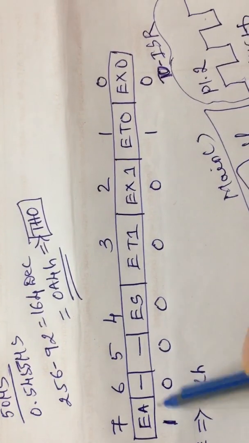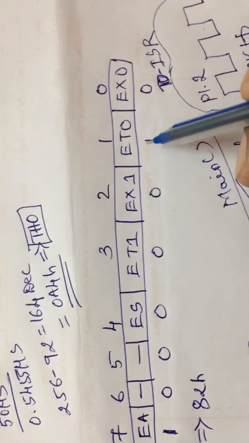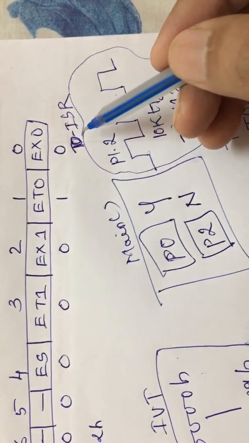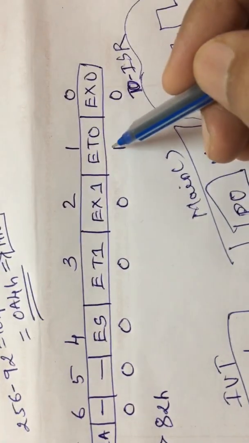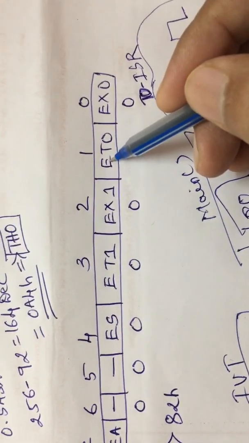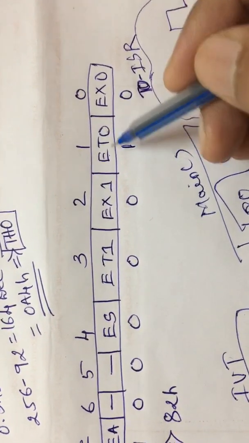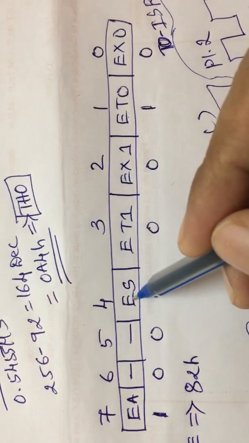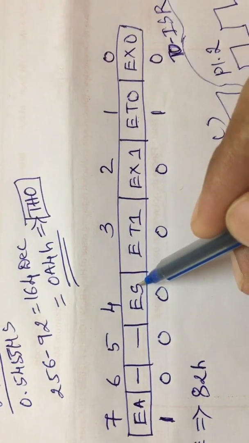Otherwise, if it is equal to 0, whatever bit you have set will not be activated. Here actually timer 0 is interrupted, right? So for that particular bit I made it equal to 1, the timer 0 interrupt. E stands for enable timer 0. This is enable, not external, sorry.